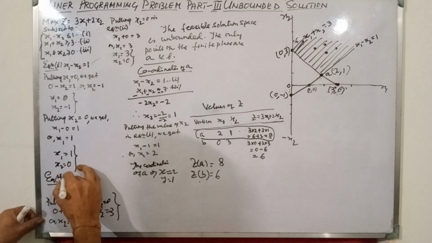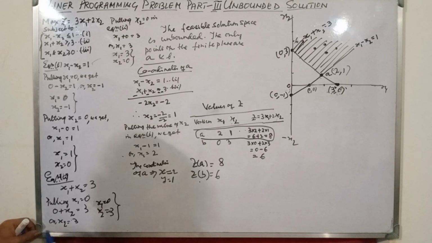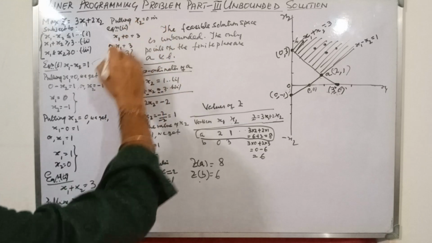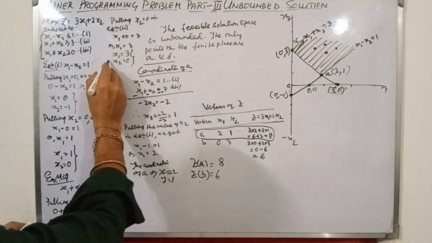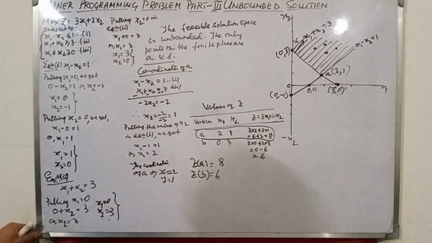Equation number 2, that is x1 plus x2 equals 3. Here again we have put x1 as 0 and found x2 equals 3. So one set of values is x1 equals 0 and x2 equals 3. Then we have put x2 equals 0 in the equation and found x1 equals 3 and x2 equals 0.